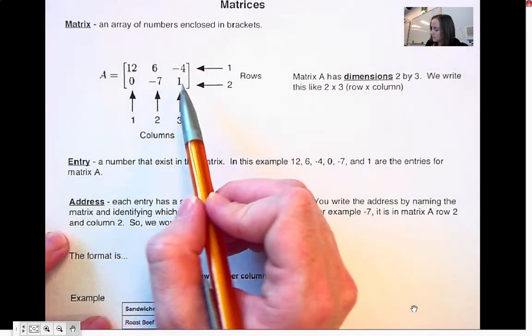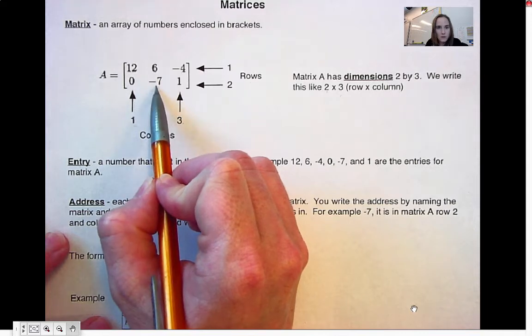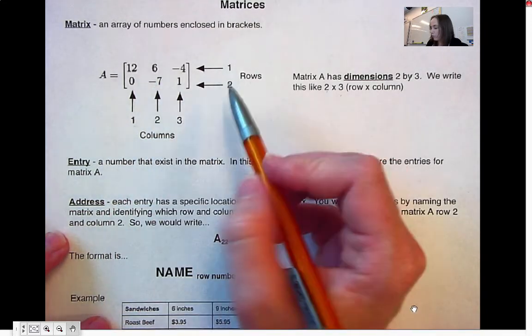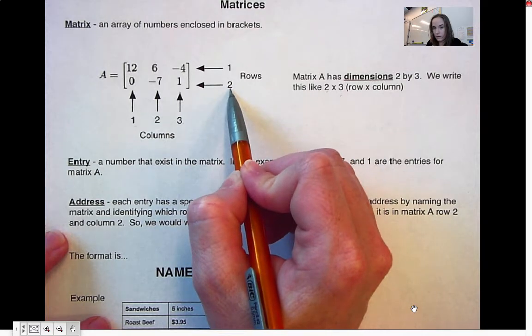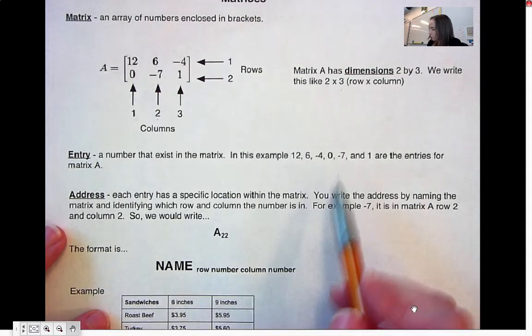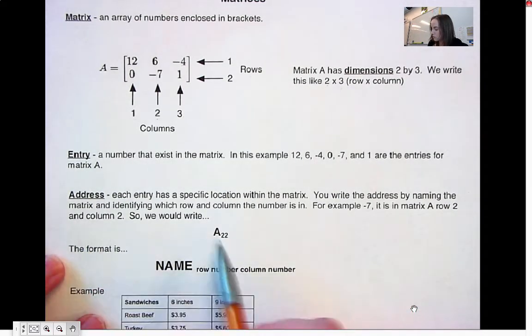So, for instance, if I wanted to say, look at -7, but I just wanted to use its address, I would tell you which row it's in, row 2, and which column it's in. So for example, -7 is in matrix A, row 2 and column 2, so we would write it like this.